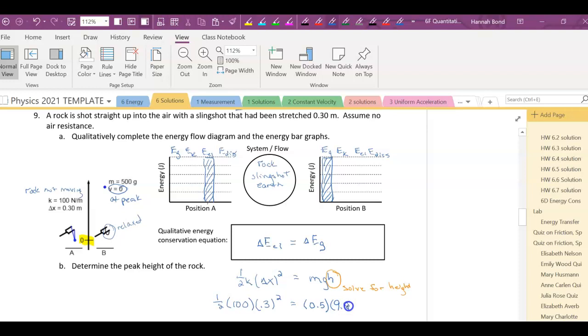G is 9.8, and then I'm going to be solving for h. So when I do this math, I get 0.918 meters.